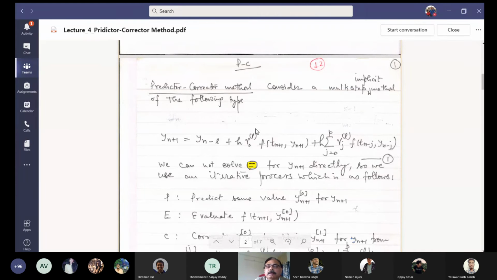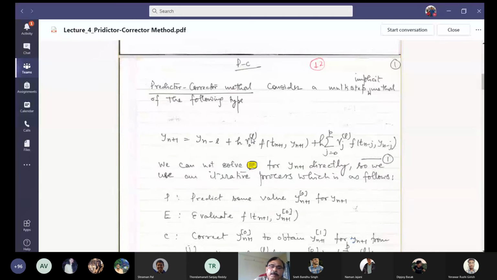The only trouble with this is this implicit part. So h γ_0^L is the coefficient of that. Don't remember h into γ_0^L. You just remember the coefficient of the implicit part, that is f(t_{n+1}, y_{n+1}). Is this clear? Yes, sir.